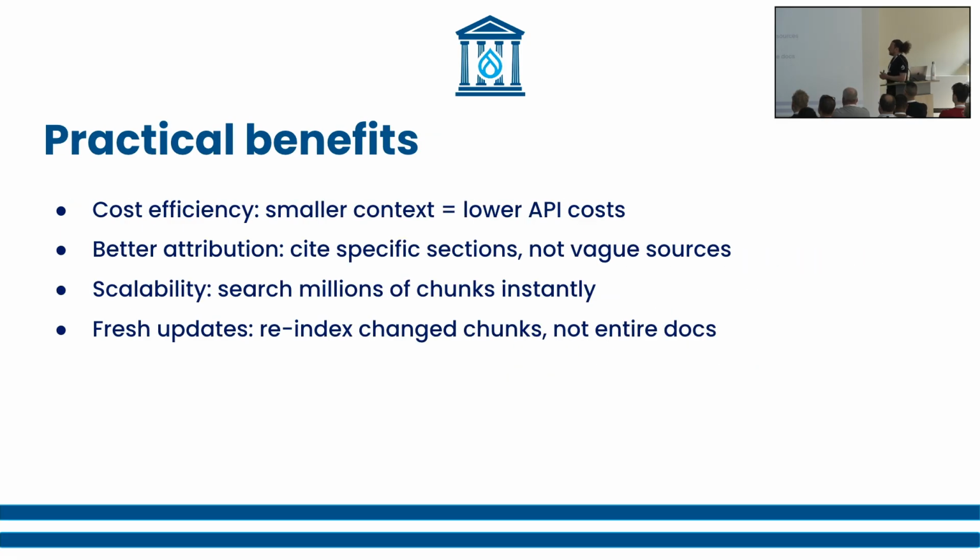So the benefit is a smaller context. Smaller context means lower API costs. You can have better attribution, and you can search chunks instantly. And then when you update the content, of course, you can just redo the embeddings of the chunk and not of the entire document, which is going to save some money as well.